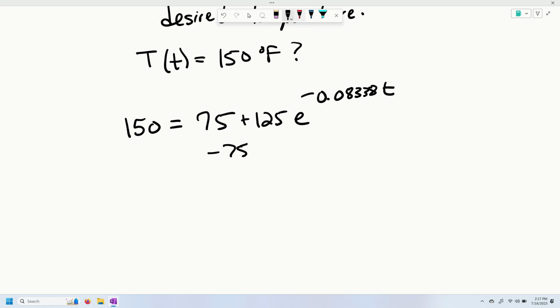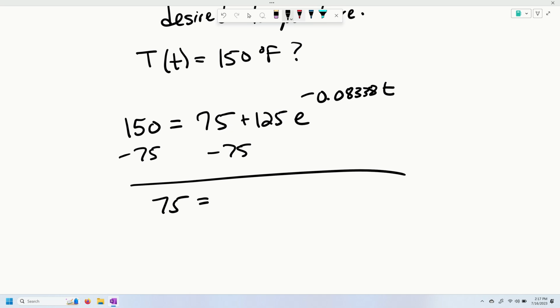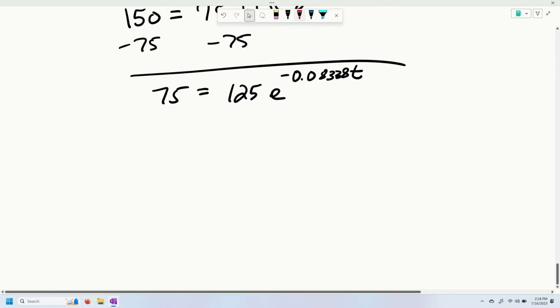So subtract 75 from both sides of the equation. That gives us 75 equals 125e to the negative 0.08338 t. Then we divide both sides by 125.